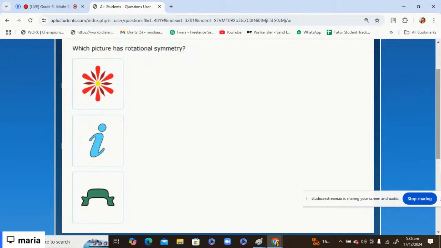Which picture has a rotational symmetry? See option A, B, or C. It's the eye shape in the second. In the first one, it's just a shape of flowers, and in the third one, it's a different shape.